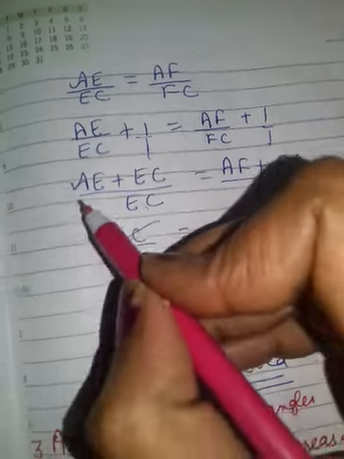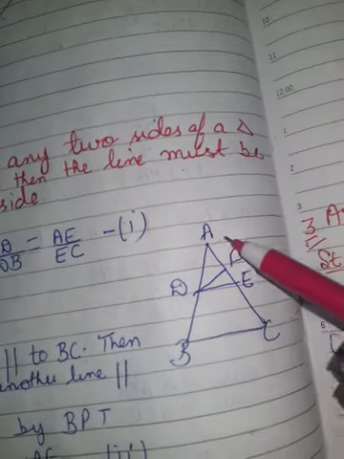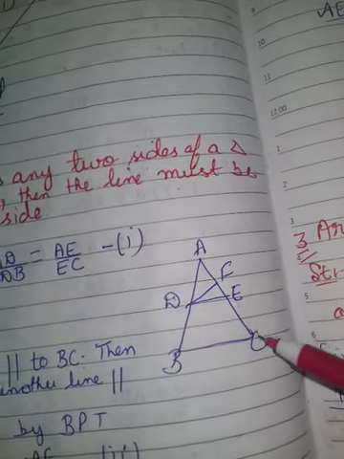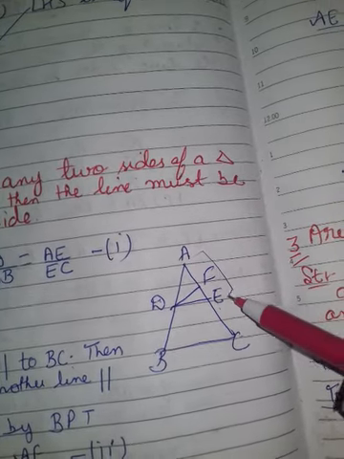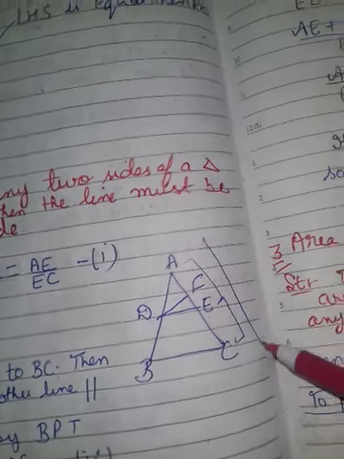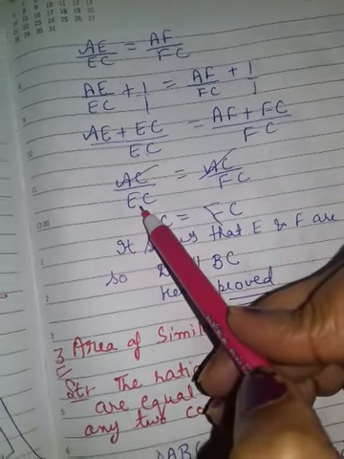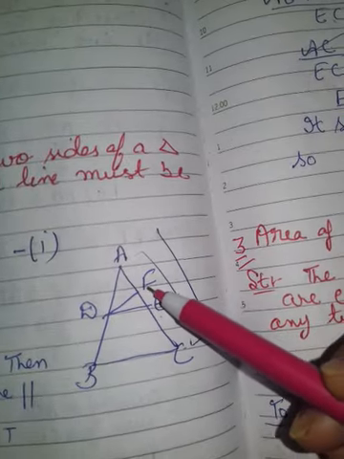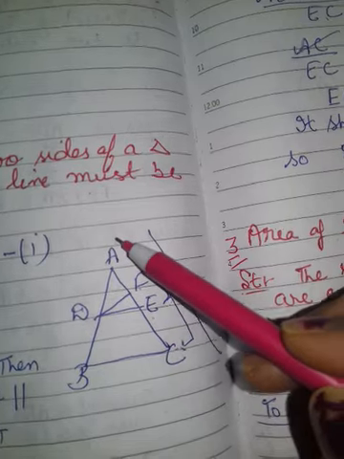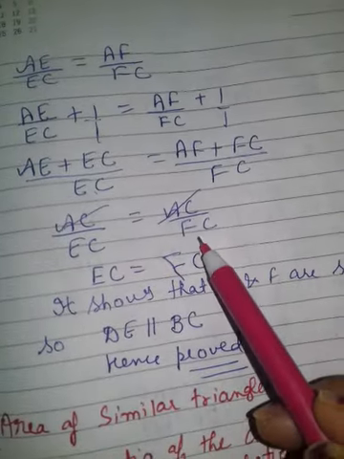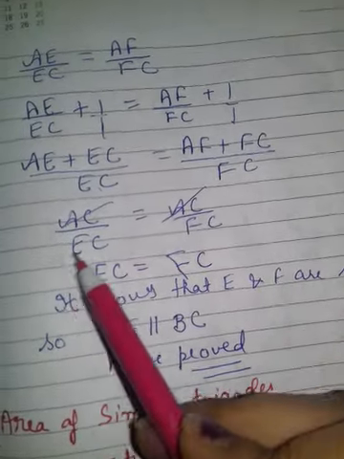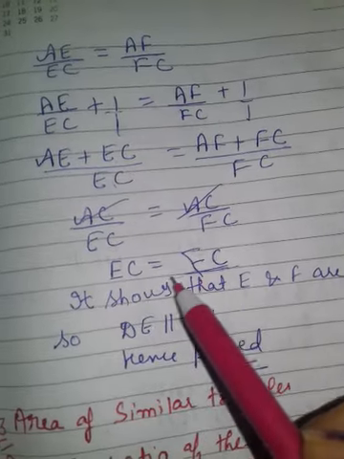Similarly here, AE plus EC will become your AC, and EC will be kept the same. Now again AF plus FC, AC the same, upon FC the same, both will cancel. So it means these parts are also equal.